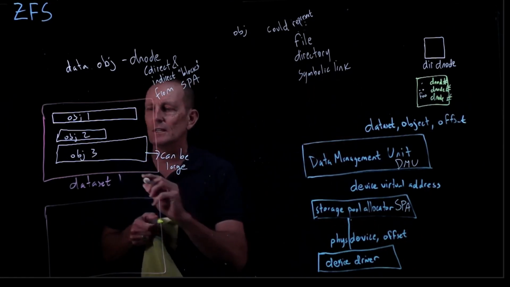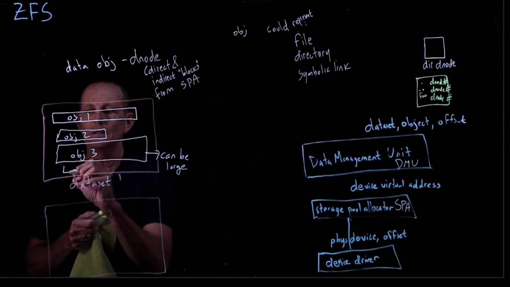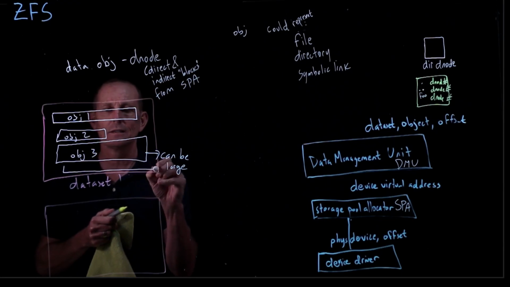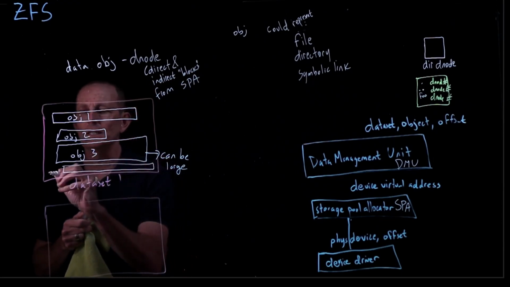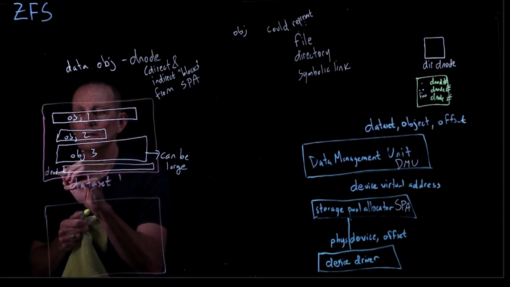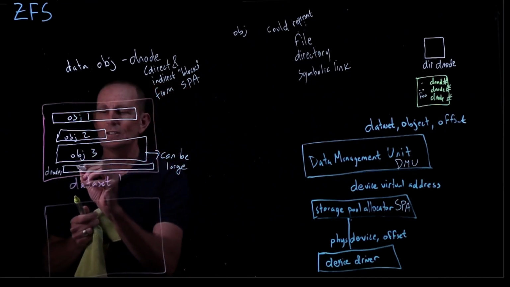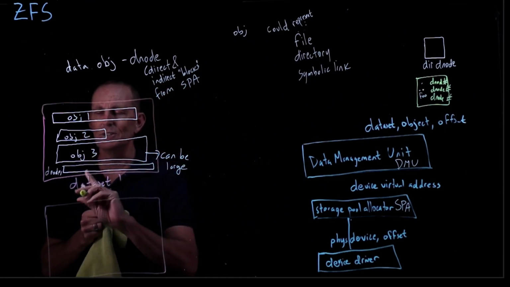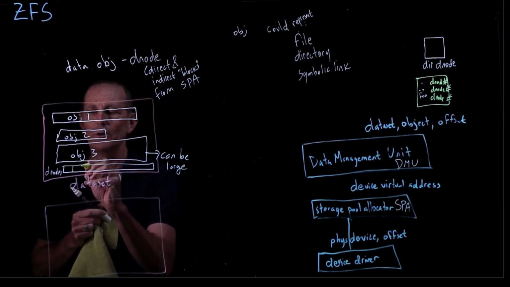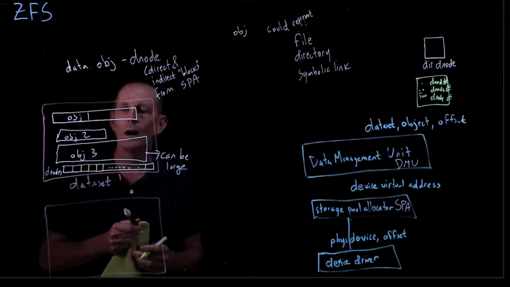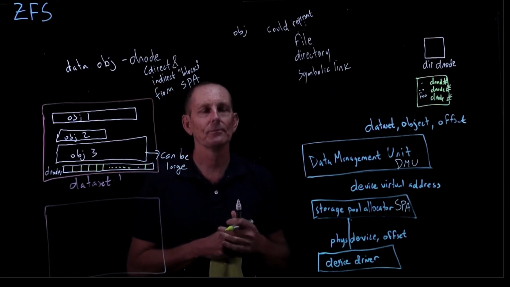How are the dnodes represented? Well, one of these objects is the dnodes. Dnodes themselves are fixed size, just like inodes are fixed size. So we've got this broken up into basically an array of objects.